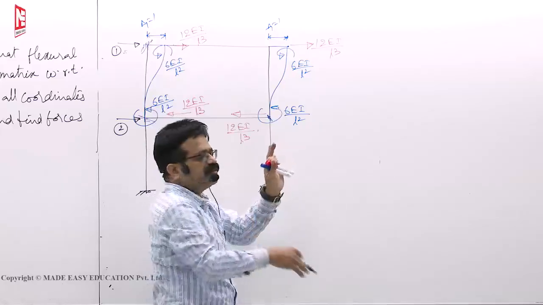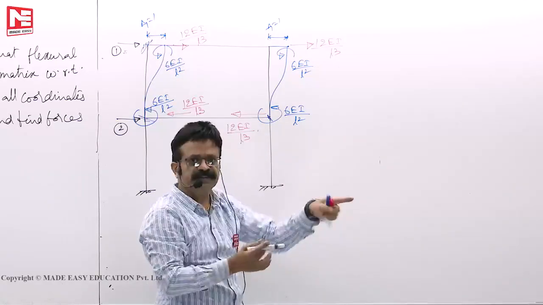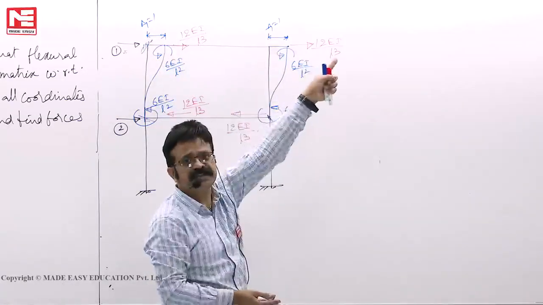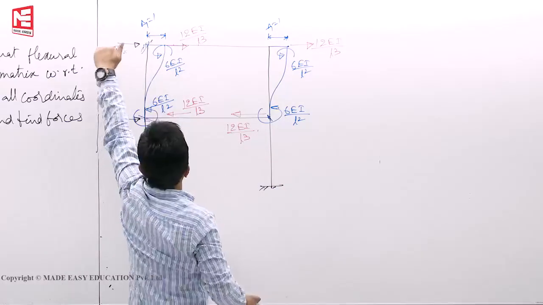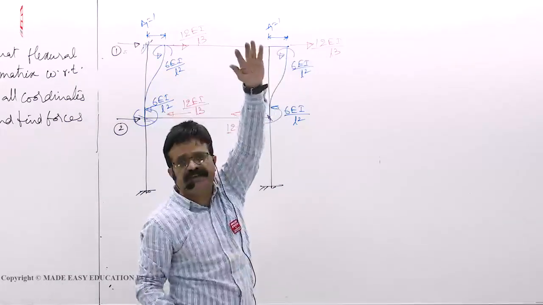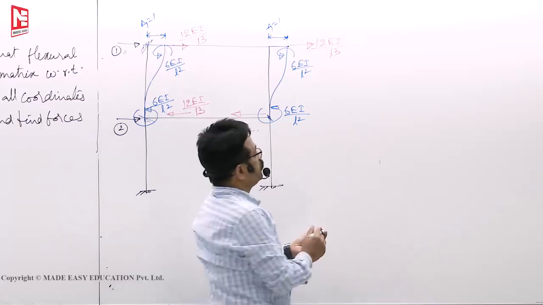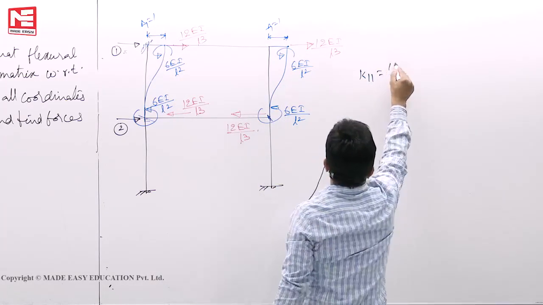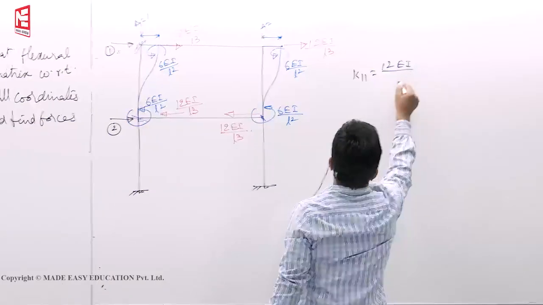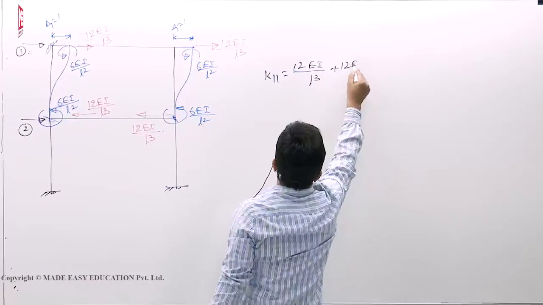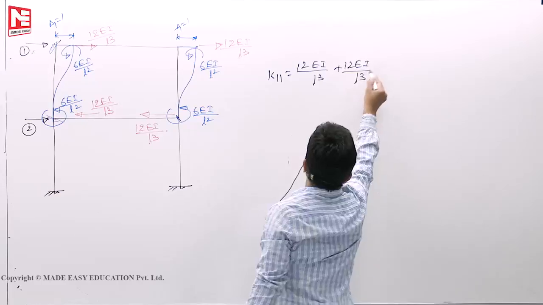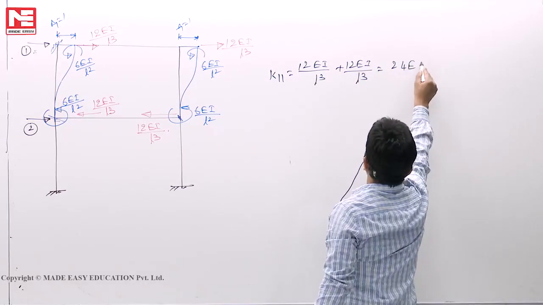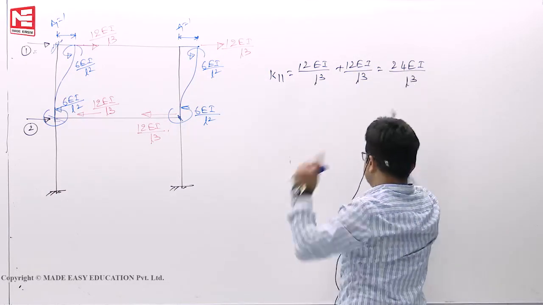So when I am pushing it, all of them will move. So the force required you also have to calculate, and that becomes K11. At one level, what are the forces developed? You have to add. So K11 is 12 EI by L cube plus 12 EI by L cube. You will get 24 EI by L cube.